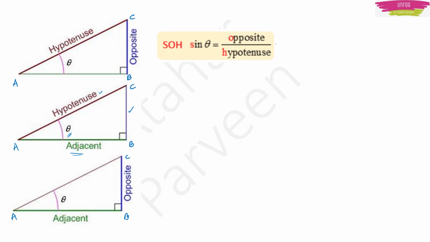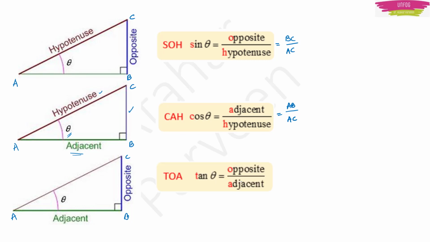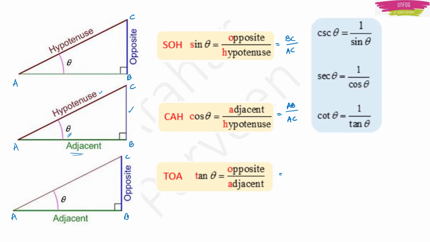Now here sin theta will be equal to, what is the opposite side? It is BC, right? And hypotenuse will be AC. Like that only if you want to consider cos theta, then adjacent side, it will be AB upon the hypotenuse AC. Then for tangent theta or tan theta, it will be sin theta by cos theta. This you know, right? Tangent will be equal to sin theta by cos theta.